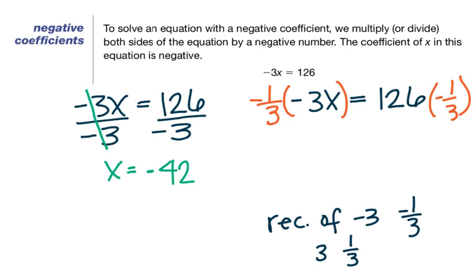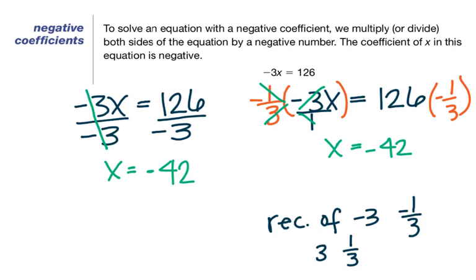If we do that, notice how we're still getting a positive x, and I'm still taking 126 divided by 3 over here to get 42. And because of this negative sign, I still have a negative 42.